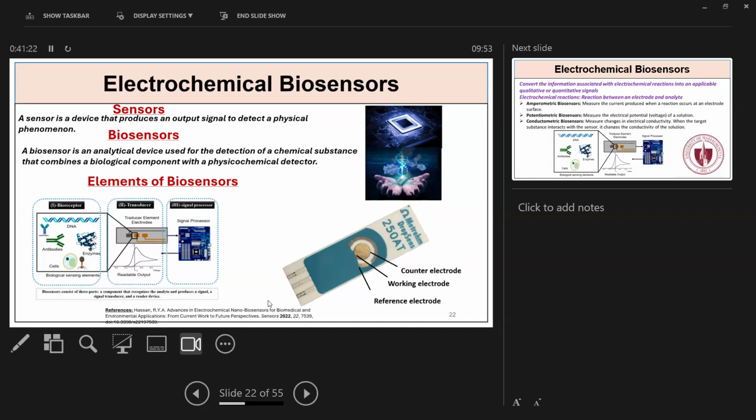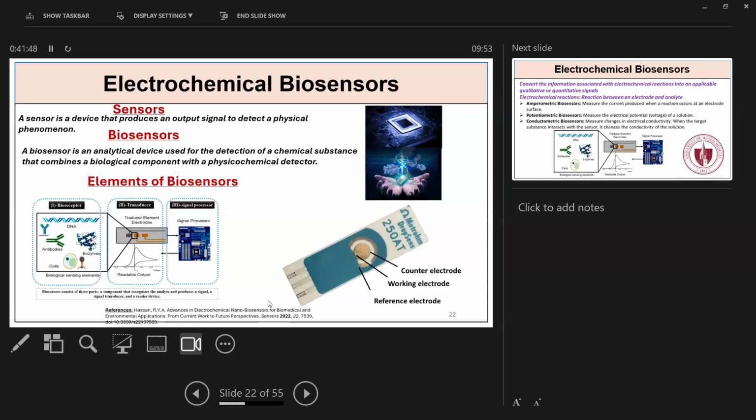That biological signal will be transduced. Transducers convert those biological signals into electrochemical signals and pass them to the signal processor. The biological event is recognized by the transducer and converted into a readable output.